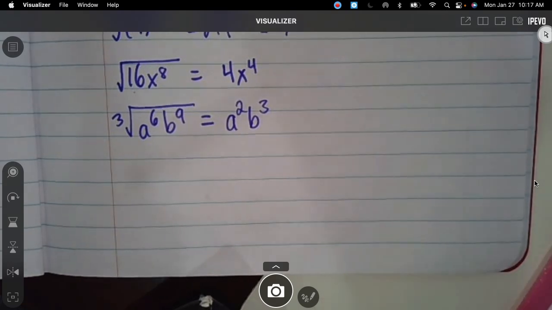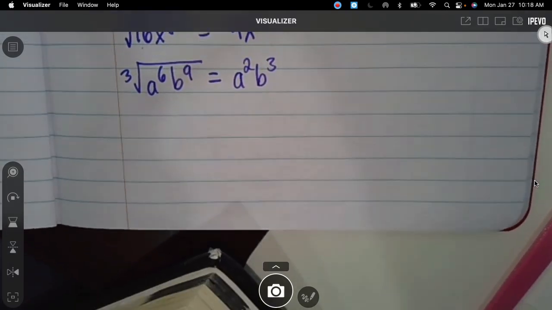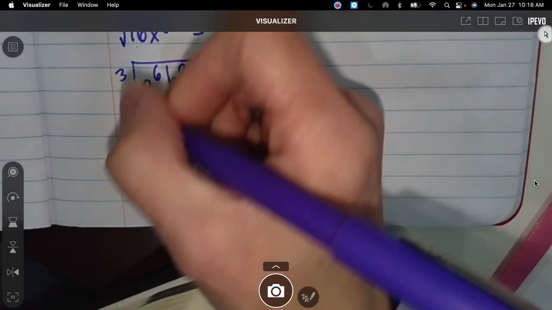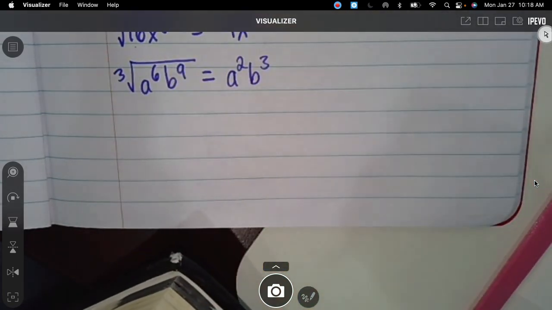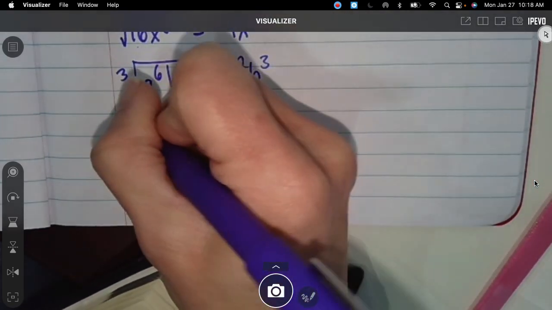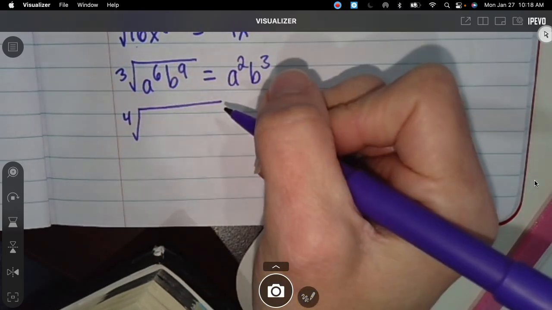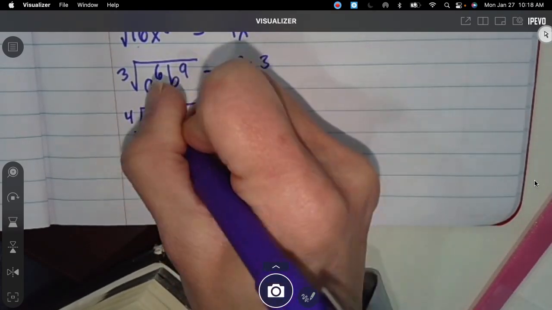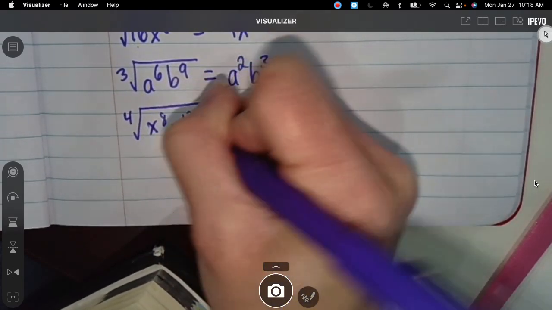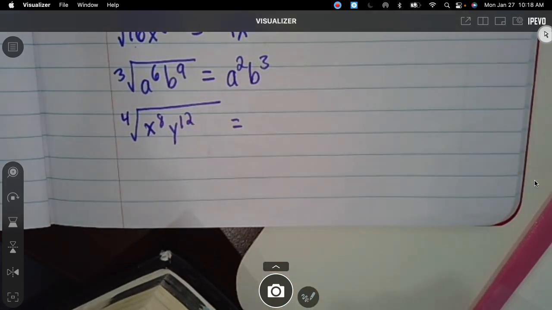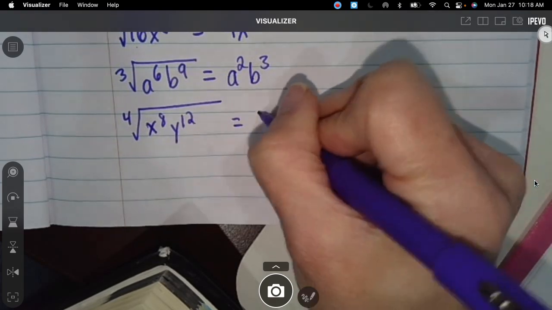Now let's go back to another even root. How are we feeling on this? We're okay? All right. The variable stuff should be new. The 4th root of x to the 8th, y to the 12th. They're both divisible by 4, thank goodness. What's 8 divided by 4? 2.